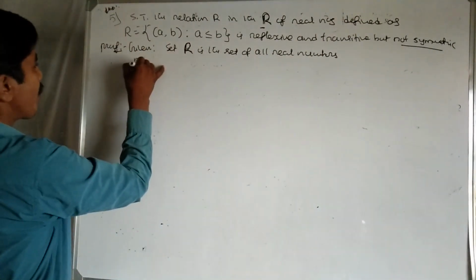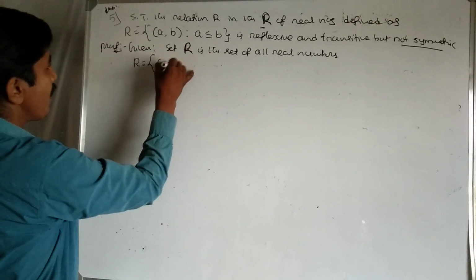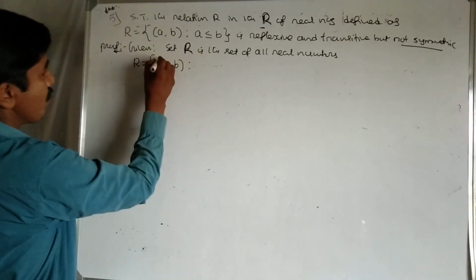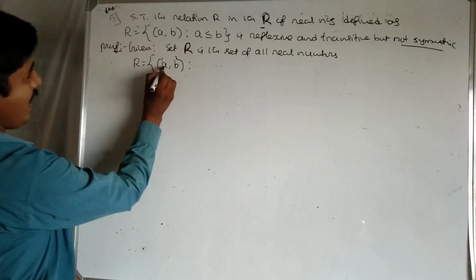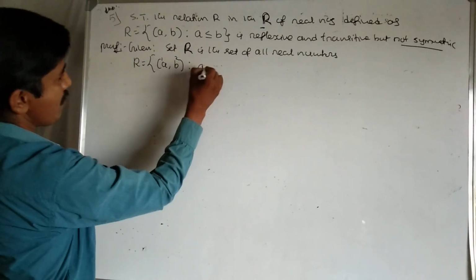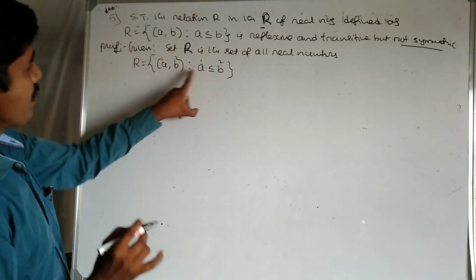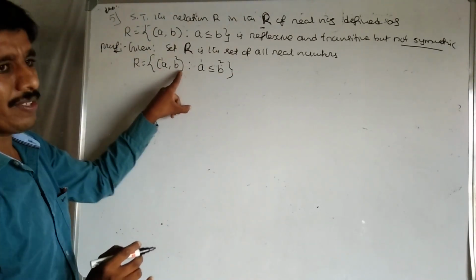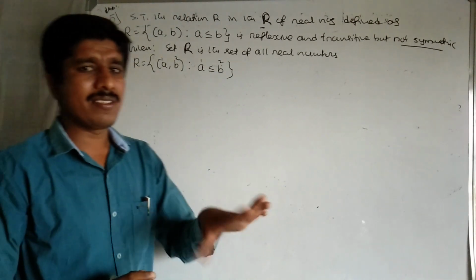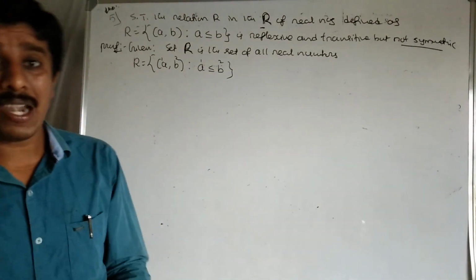Next, R equal to A comma B such that the first element is less than or equal to the second element. We shall prove that the relation is reflexive and transitive but not symmetric.